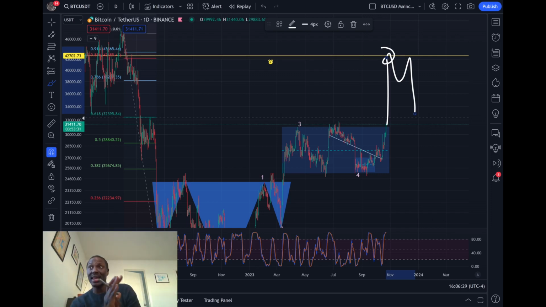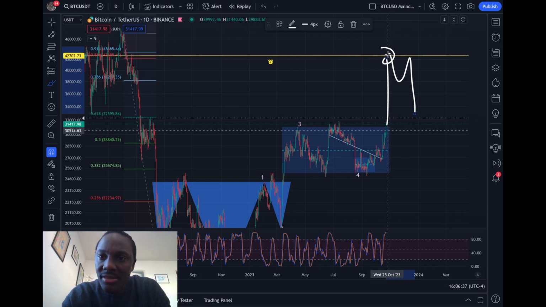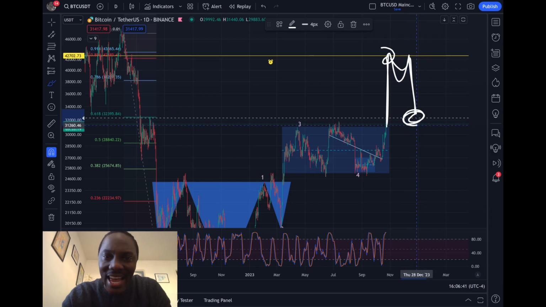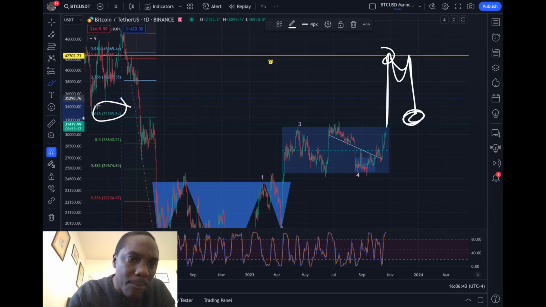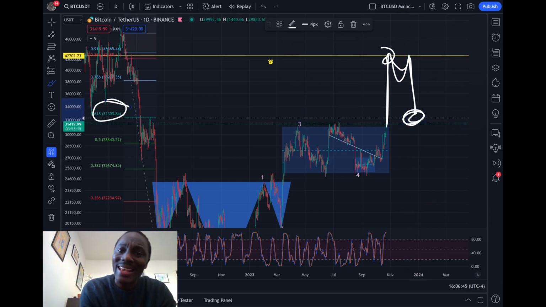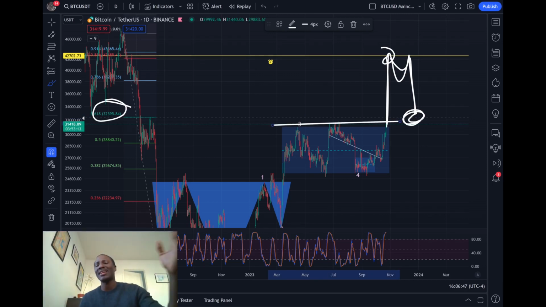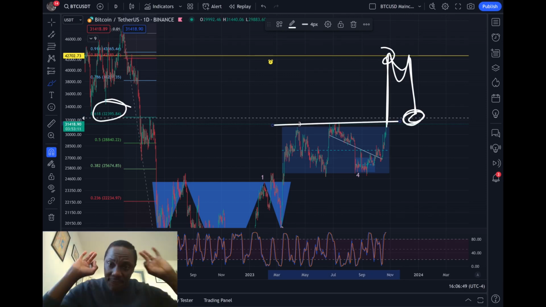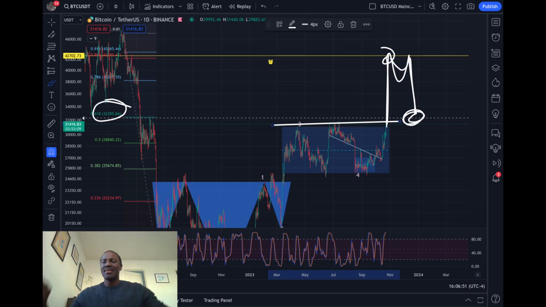So today is Monday. I expect 42K in the next 48 hours because I then expect for us to quickly go back down and find a retest of this ever important 32,400 that has served as resistance for 180 days to be flipped into support. This is something I keep repeating.